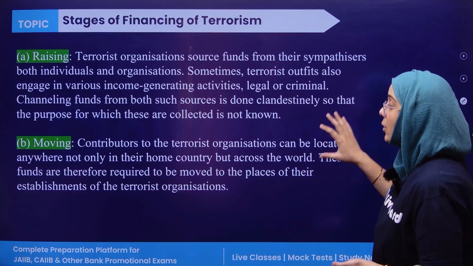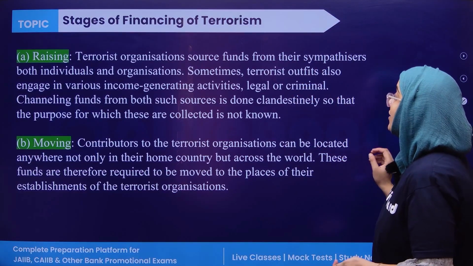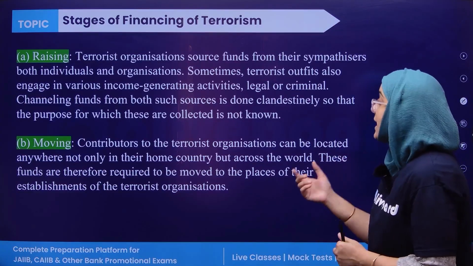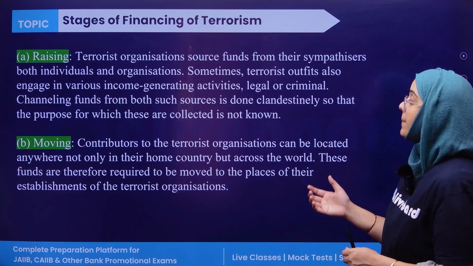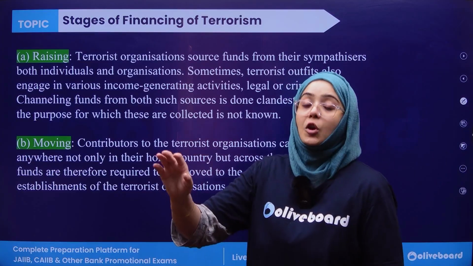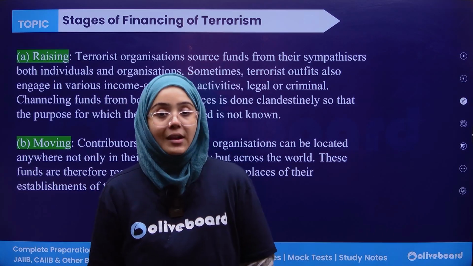Now second is moving. Once the fund is raised, the contributors to this terrorist organization can be located anywhere in the world. These funds are required to move to the place of establishment of the terrorist organization. For example, say that terrorist organization is a USA based terrorist organization.